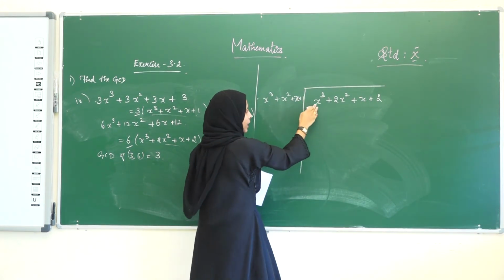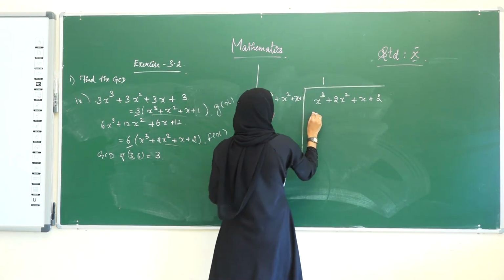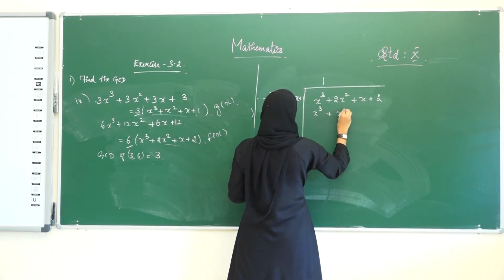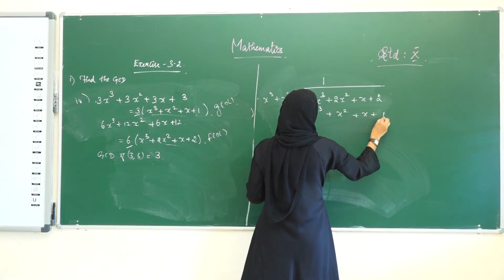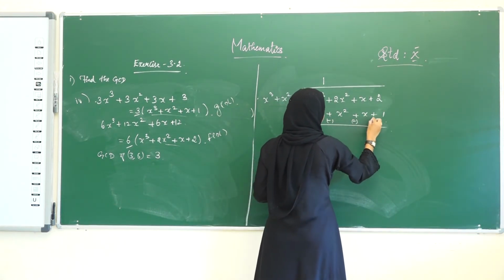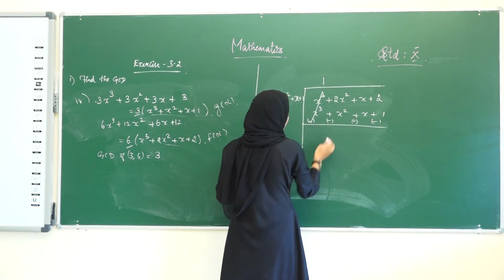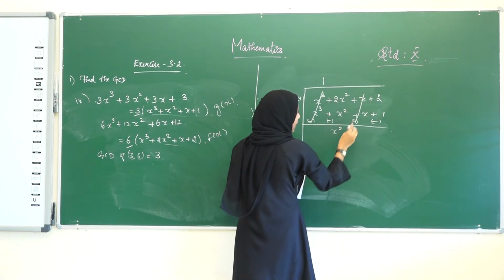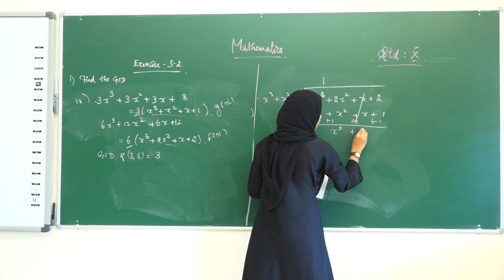Here it is x cube and here it is also x cube. Therefore, 1. On multiplying this whole polynomial with 1, we get x cube plus x square plus x plus 1. So, we are going to change the sign. Okay, this term gets cancelled. 2x square minus x square will be x square. X and minus x get cancelled. 2 minus 1 is plus 1.